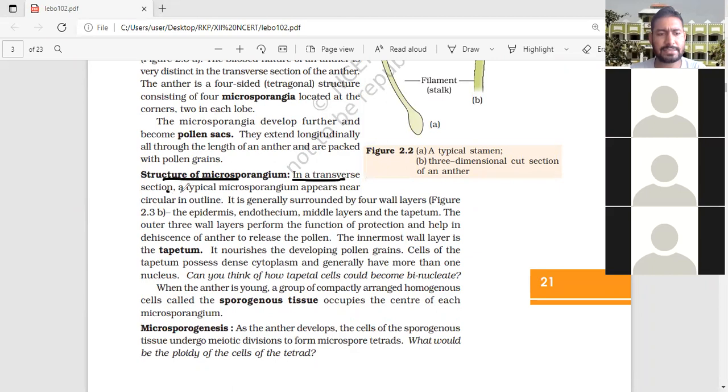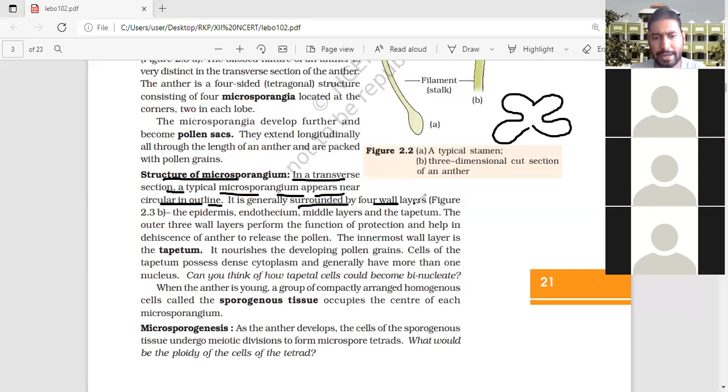In a transverse section, a typical microsporangium appears near circular in outline. It appears like that. It is generally surrounded by four wall layers: the epidermis outermost, the endothecium second, the middle layer third, and last is the tapetum.